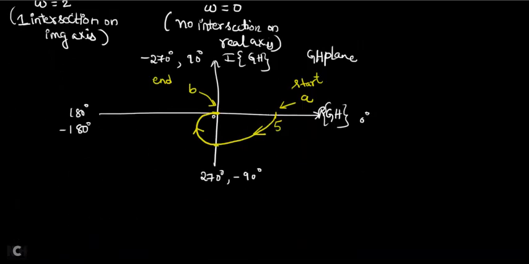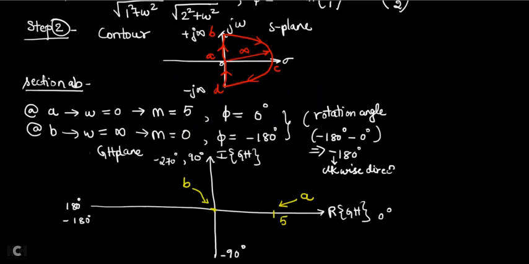Now let us do the next section. After A to B, what is the next section you have? In the contour, after A to B you have B to C and C to D. I can take them together as BCD. BCD is an arc with radius infinity, correct?